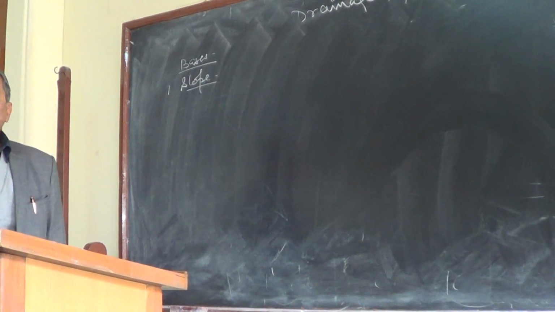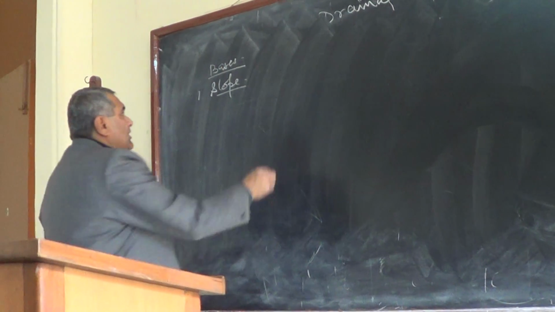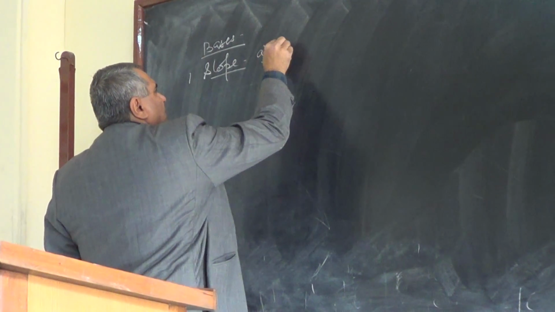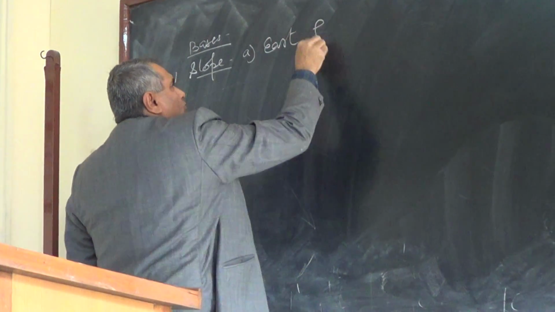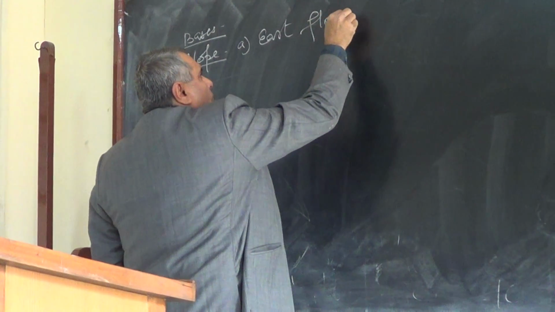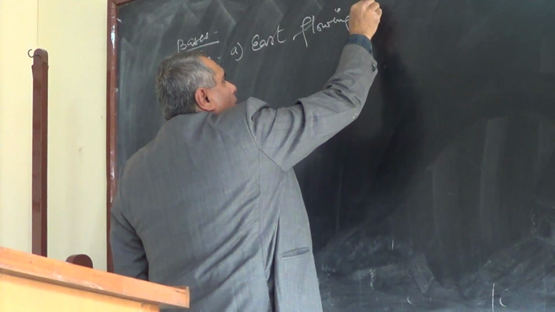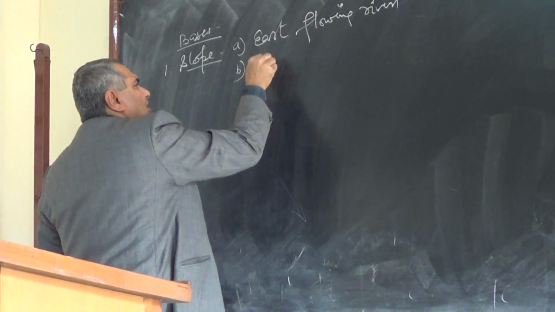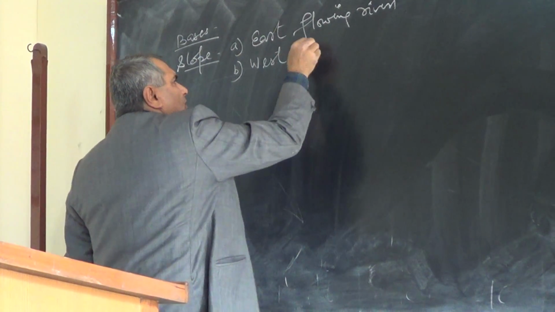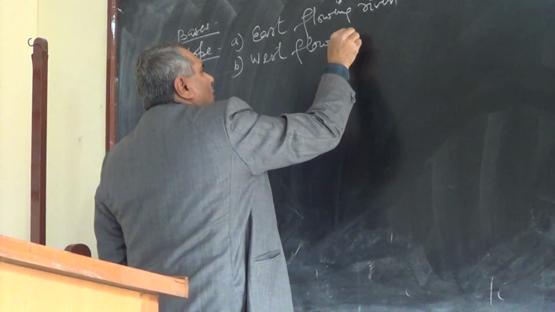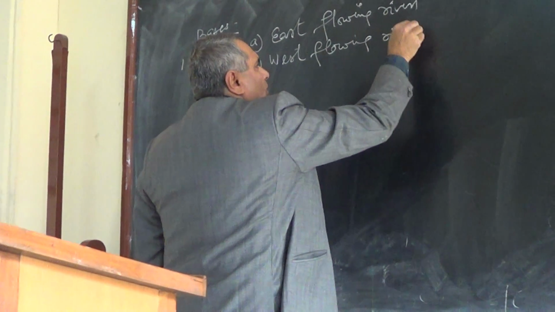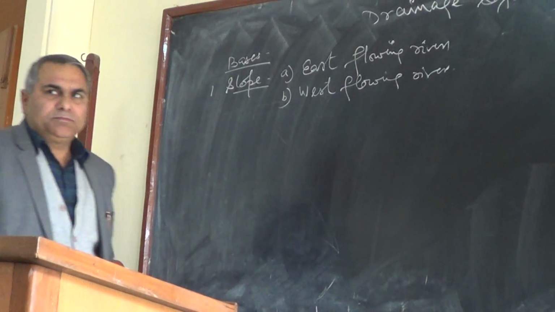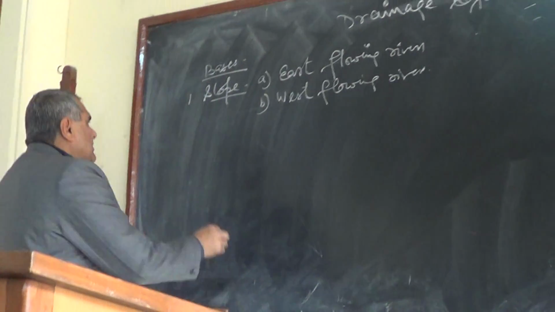Basis one is slope. Slope means we have the water divide. We have east flowing rivers and we have west flowing rivers. Another is the source.